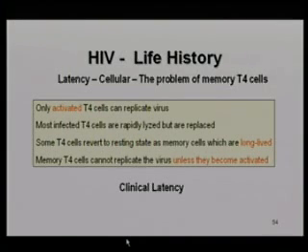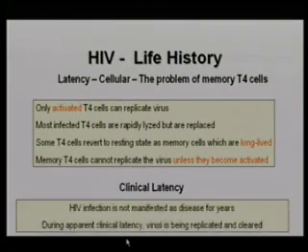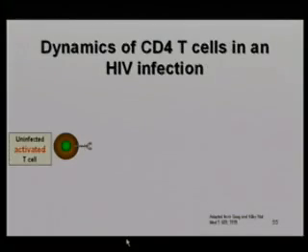So this can be called cellular latency, these properties here, and we have clinical latency, not seeing the disease for a decade or so. But remember, even though the patient may not be exhibiting any symptoms, the patient is still replicating virus and is infectious.